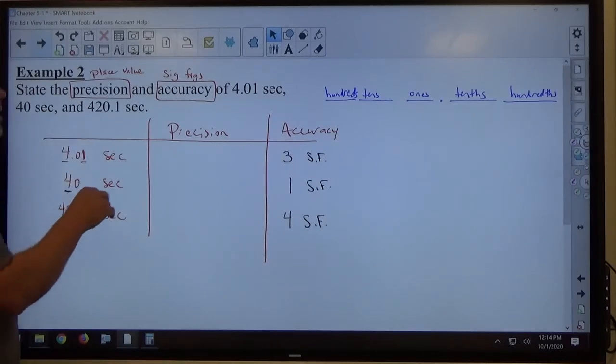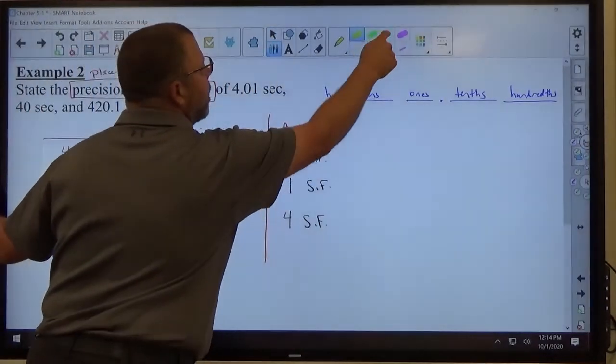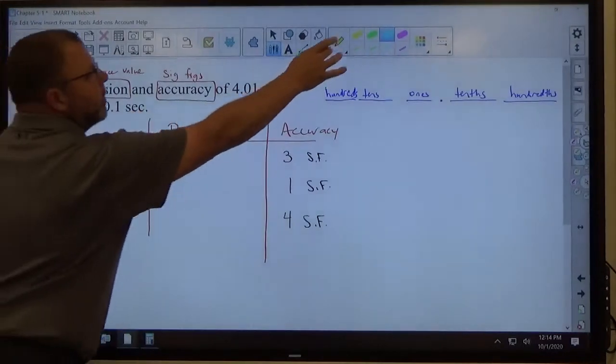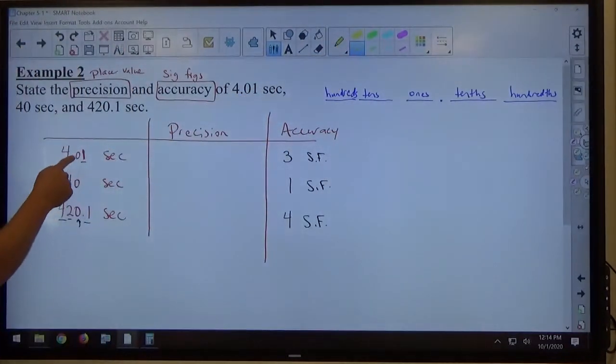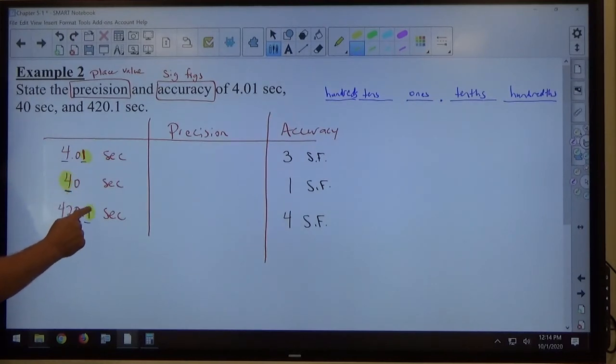So if I'm looking at the significant digits in these numbers, I'm going all the way to the right. 1 is the furthest right significant digit in that number. 4 is the furthest right significant digit in this number. And this 1 is the furthest right significant digit in this number.